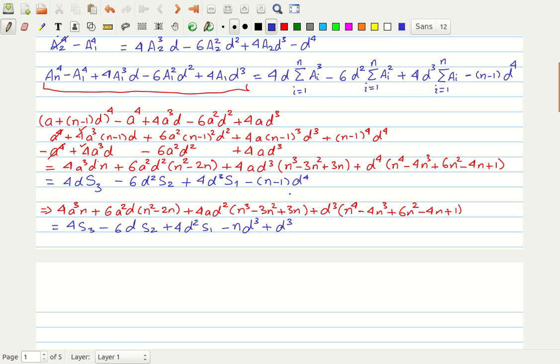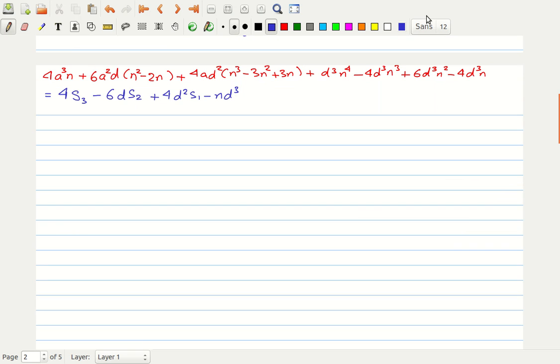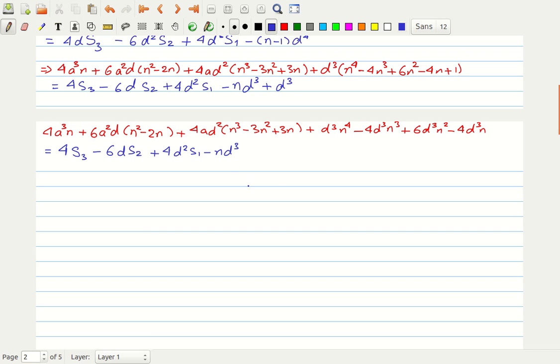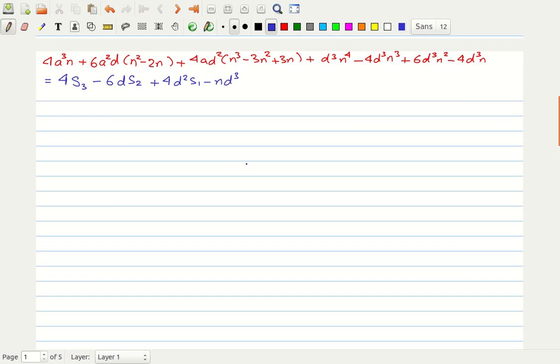Now you can see that this plus d cube will cancel from here, d cube, right? I hope you can see this. So I will just rewrite this expression cancelling these d cubes. So if I cancel out this d cube and this d cube, we will end up with this result, right?